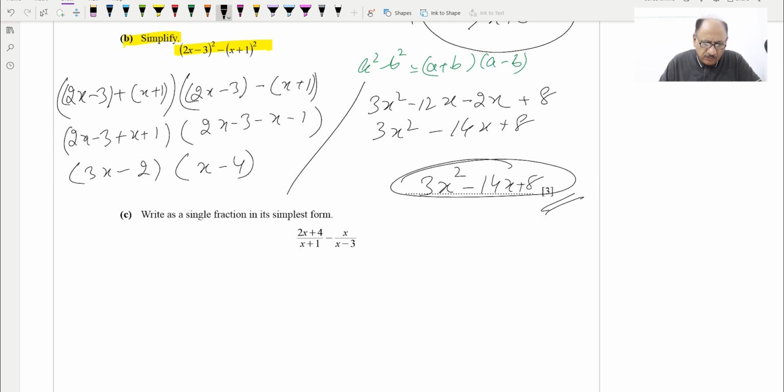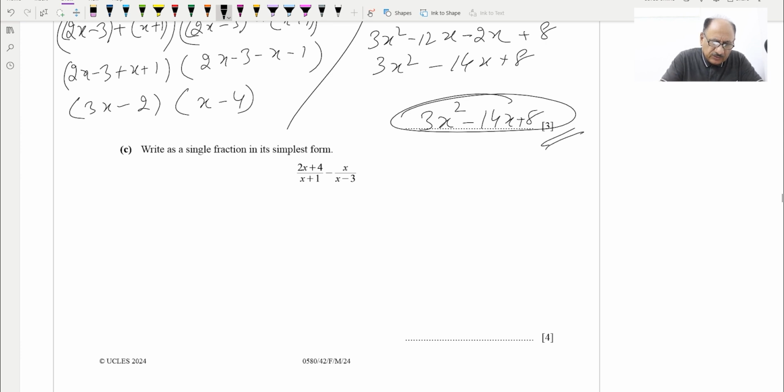This is done. Now next is write as a single fraction. Single fraction is the simplest format also. So we'll make a line, and the denominators we can write over here: x plus 1 and x minus 3.